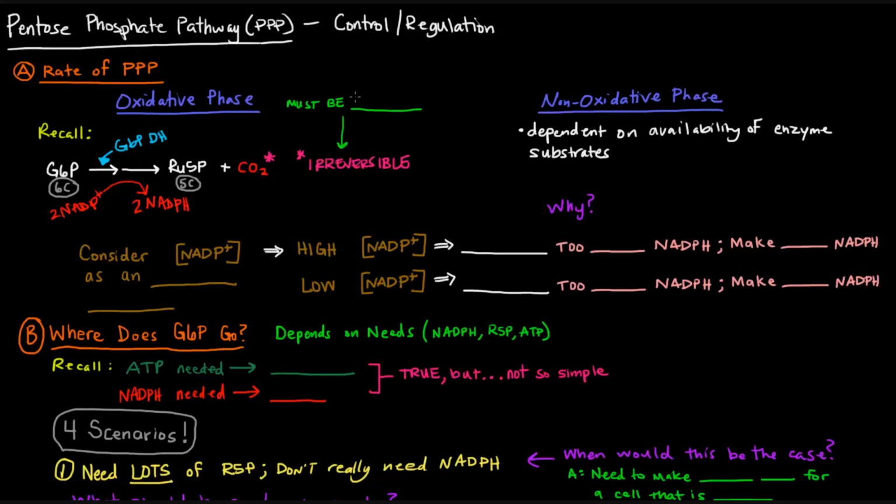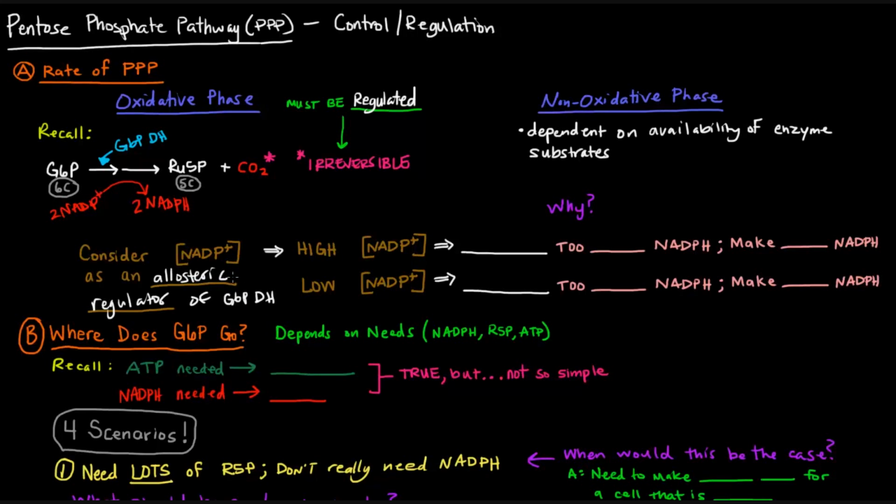So this must be regulated or controlled. So that first step with glucose 6-phosphate dehydrogenase will be regulated, and the allosteric regulator of it will be NADP+. So you can consider NADP+ as an allosteric regulator of G6P dehydrogenase.